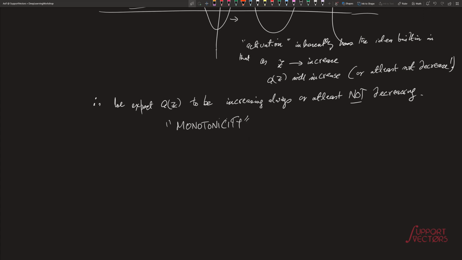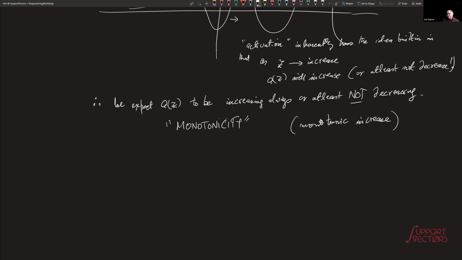Okay, so I have a question about monotonicity. You mentioned monotonicity is either increasing or decreasing. But your above statement says we expect A of Z to be always increasing, or at least not decreasing. Yeah, monotonicity is more general. In the case of neural networks, we want one specific monotonicity. We want monotonic increase. Then how does decreasing come into the picture? There is no decreasing.